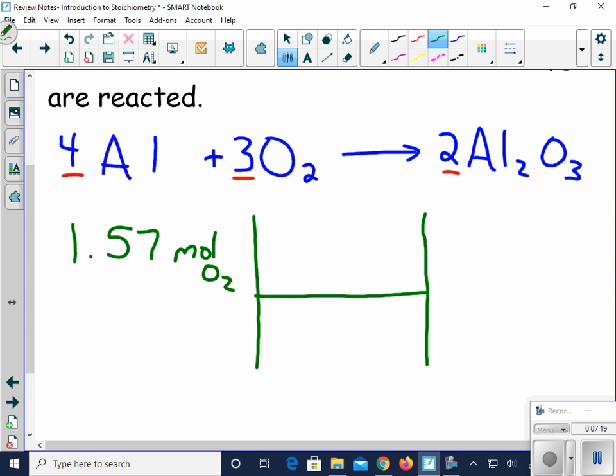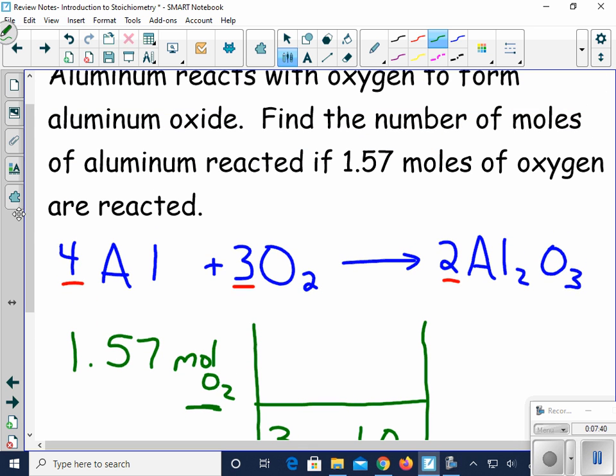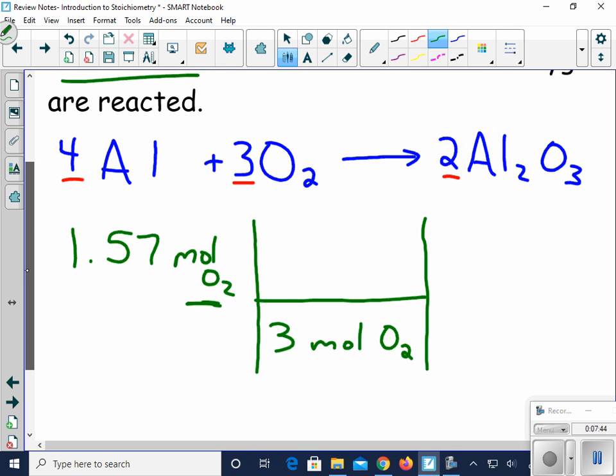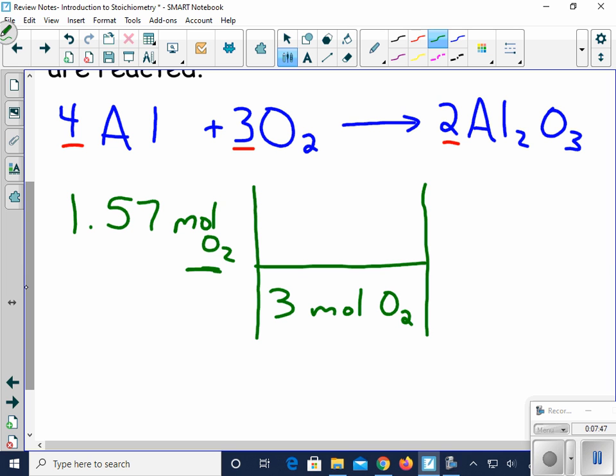I'm going to set up a conversion box. I want moles of oxygen right here to cancel. So where am I going to put that? On the bottom, right? So I have 3 moles of oxygen. Well, what am I trying to convert to? I'm trying to find moles of aluminum. So 3 moles of oxygen react with 4 moles of aluminum.